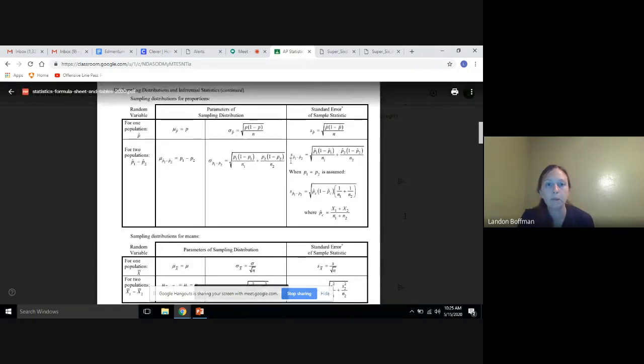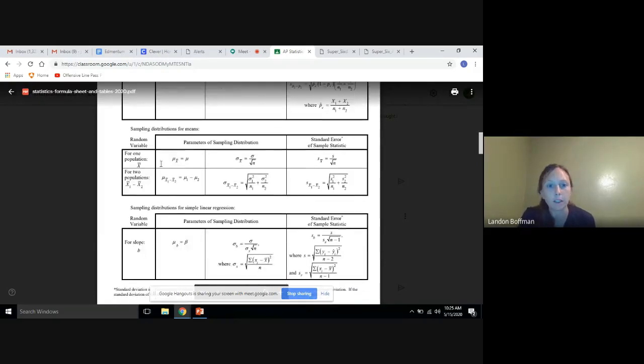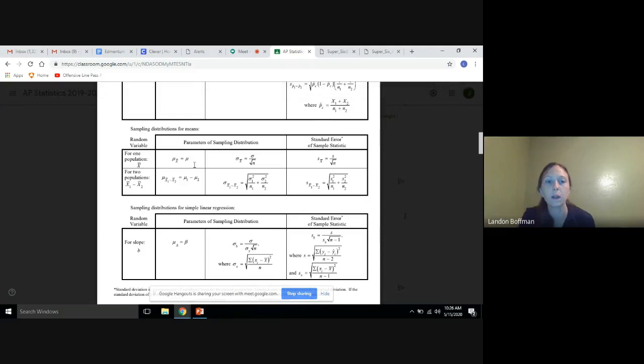So this is for proportion, but we're not getting a proportion from our sample. We're getting a mean from our sample, and it's just one sample. So you use this first one right here. The mean of X bar, which means the mean of our sampling distribution, if we take a lot of samples and record the mean for each sample, the center will be whatever the true mean is.